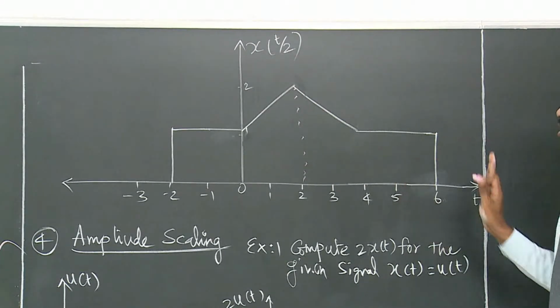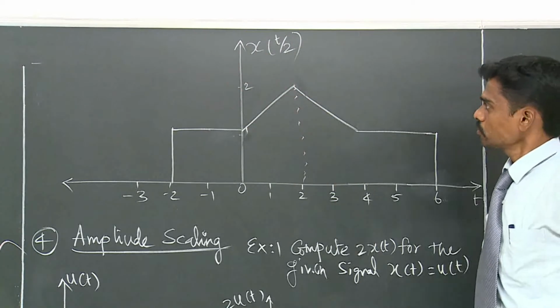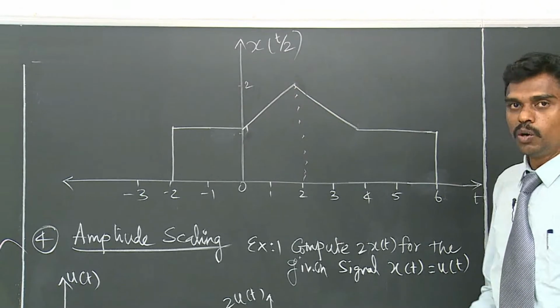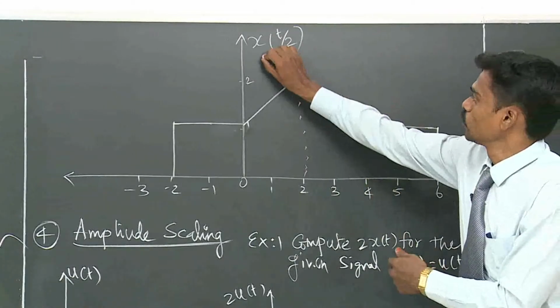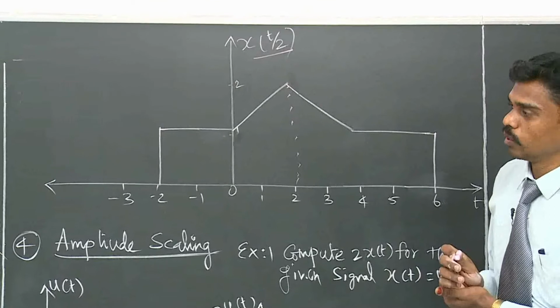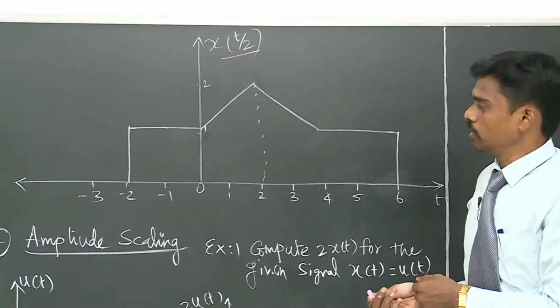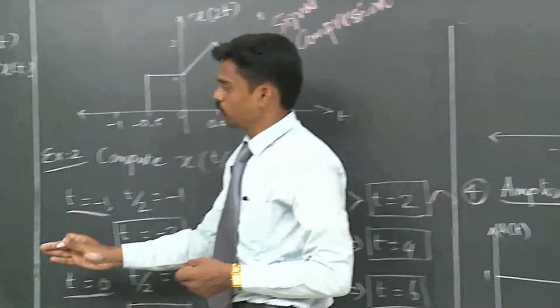So I have drawn the signal x of t by 2 with the given x of t. I have computed x of t by 2. Now I am going to analyze what has happened in the output signal. This is the output signal. So in the given x of t signal, what is the time duration here?